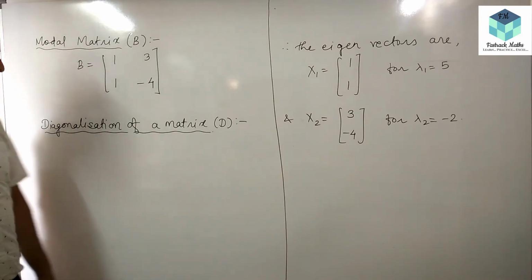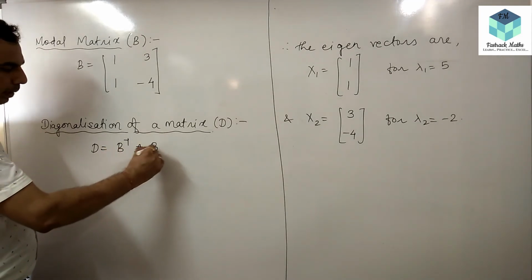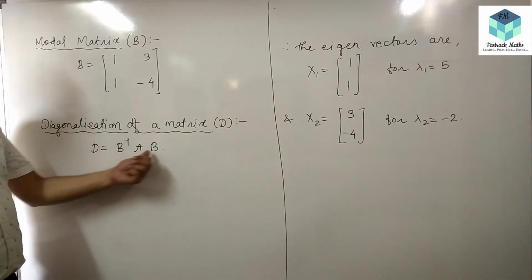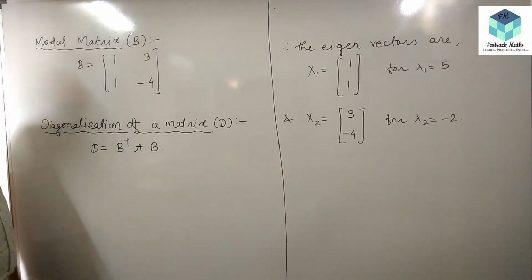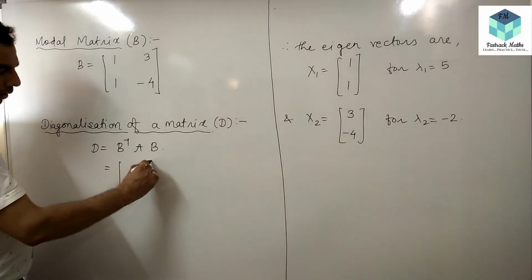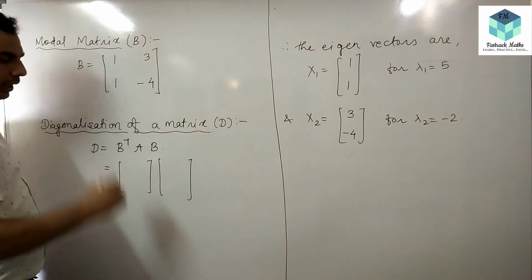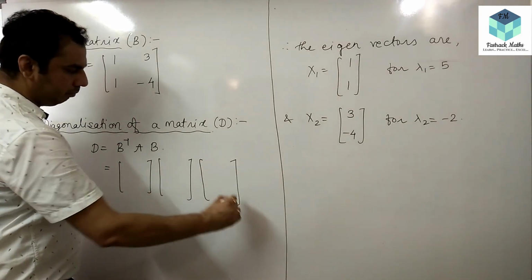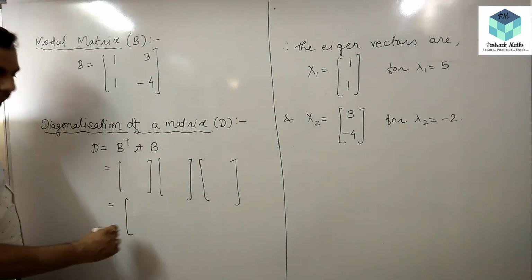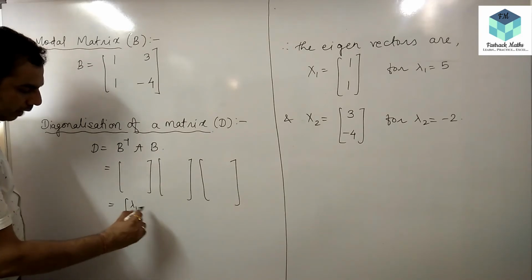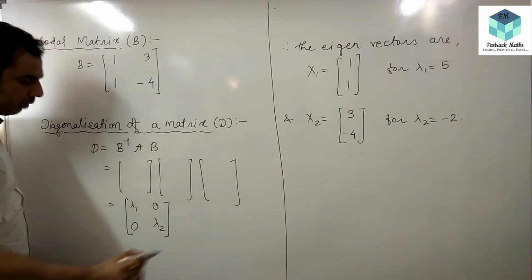After defining the modal matrix, we can define diagonalization of a matrix. The diagonalization of a matrix, D, is given by B inverse AB, where B is the modal matrix corresponding to the matrix A. We can obtain B inverse here, then the matrix A we already have, and the matrix B we have obtained. This will give you a diagonal matrix, the diagonal elements of which are the eigenvalues of the given matrix.